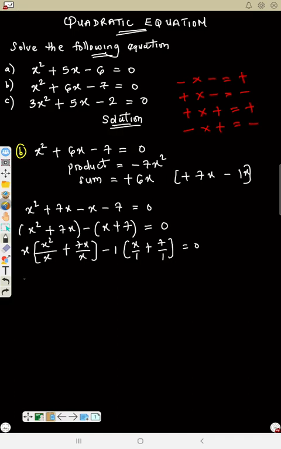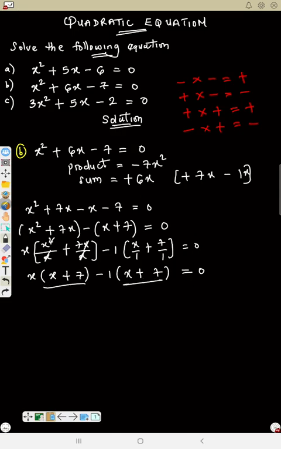So this will be s into brackets, s plus 7, minus 1, again s plus 7, equals 0. Do you notice now that they are the same?